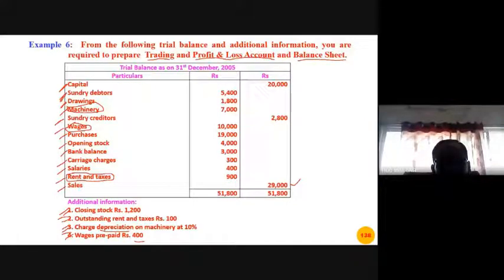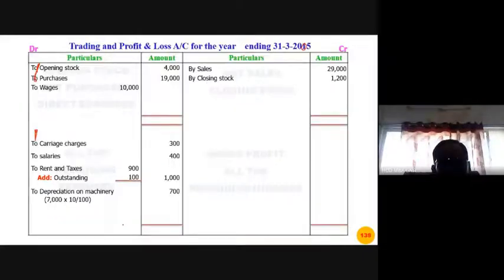So wages, where are they recorded? Wages are recorded on the debit side of a trading account. We have already recorded in the inner column. So from wages, we have to deduct prepaid. How much? 400.